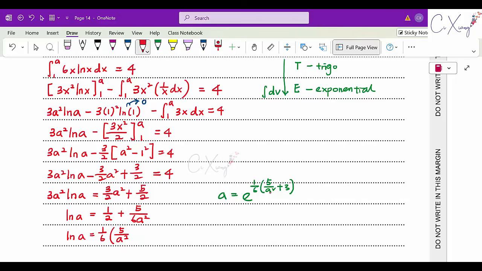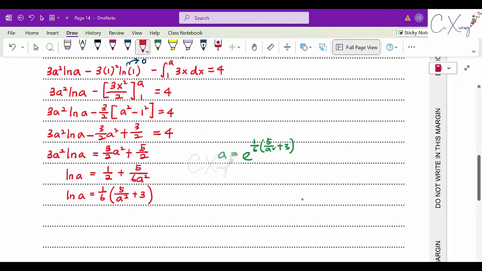Then take out 1 over 6 from half, you'll be having a 3. So I think it's correct already. Then I bring the ln over, it becomes e power 1 over 6, then 5 over a squared plus 3. Right, yeah. And this is how we prove the equation that we want to show.